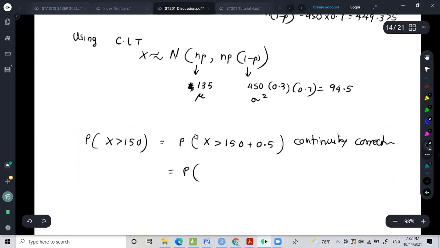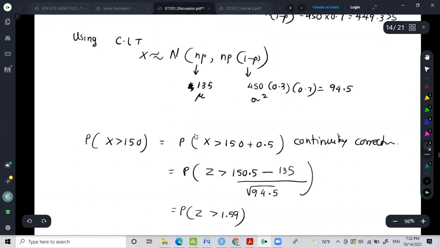Now when you do the approximation, your Z will be 150.5, that is the continuity correction, minus the mean, which is 135, divided by the standard deviation, which is square root of 94.5. If you do that, you will find it is Z greater than 1.59. You get the standard normal table, symmetric about 0.